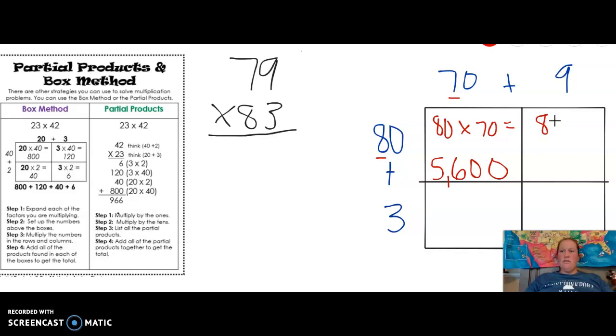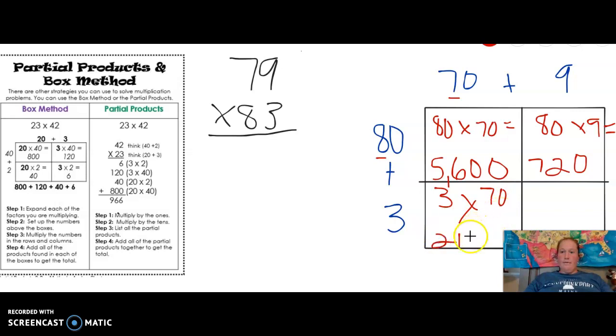And once you're fast at it, you could just put in the answer, the partial product. But for now, I would write the equations so you don't forget what you're multiplying together. Okay. 8 times 9, 72, and add on that 0. Okay, 3 times 70. 3 times 7, we know is 21.